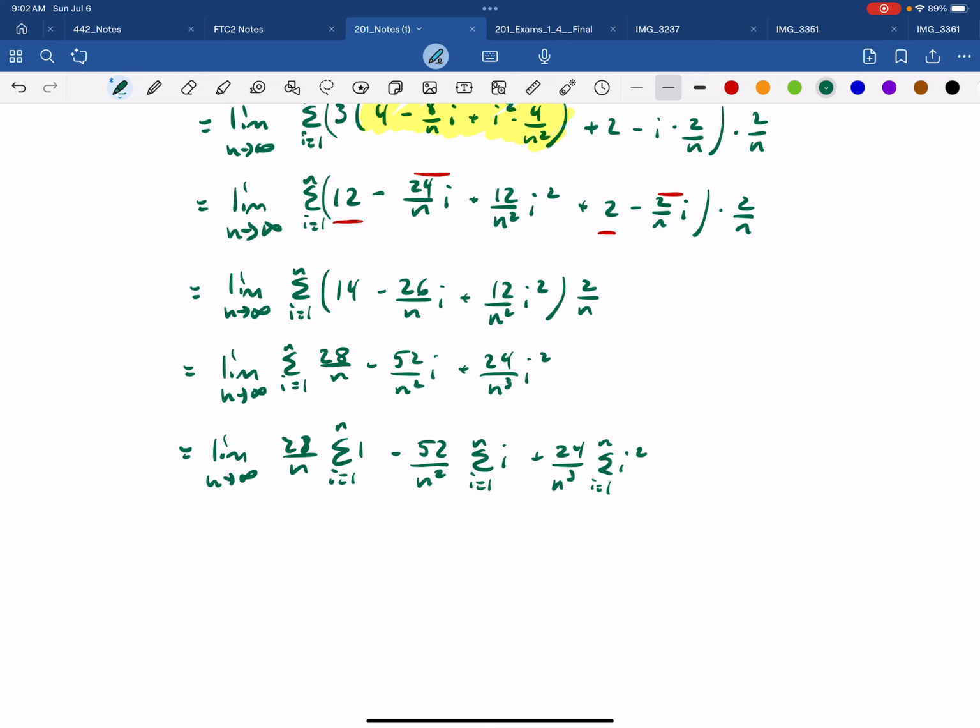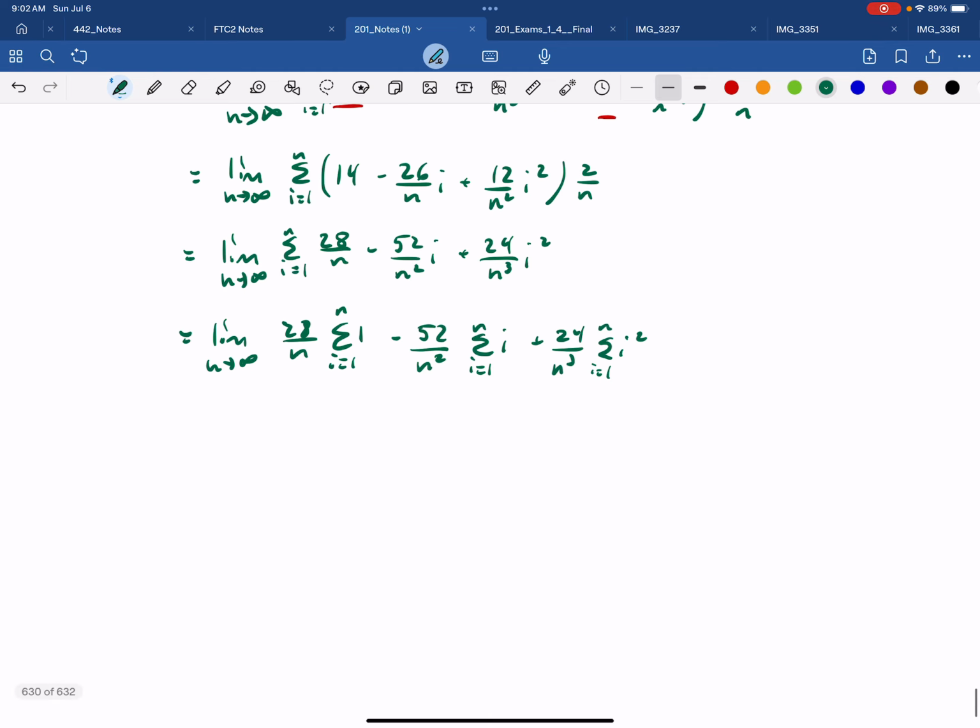Whew. Writer's cramp. Okay, and then at this point, we just use our counting tricks, our little identities, which again, I will give you on a quiz or an exam. But here's where we substitute our stuff in.